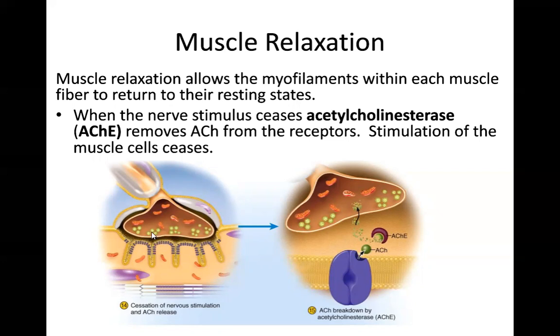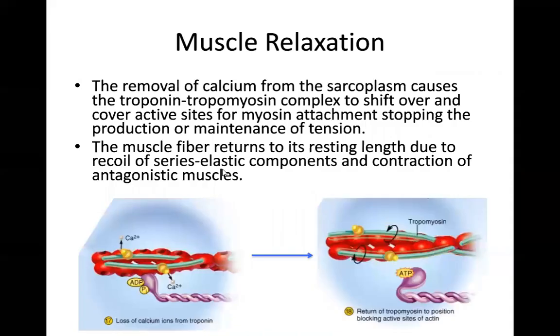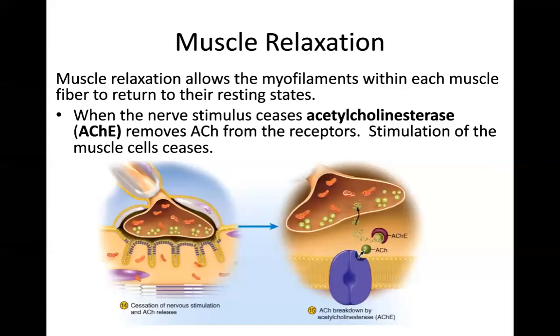Any remaining acetylcholine is going to be removed from those receptors thanks to that enzyme, acetylcholine esterase. Now, the figure that I've got here actually shows this taking place towards the beginning. That's because it's not like we only have acetylcholine esterase active at the end.